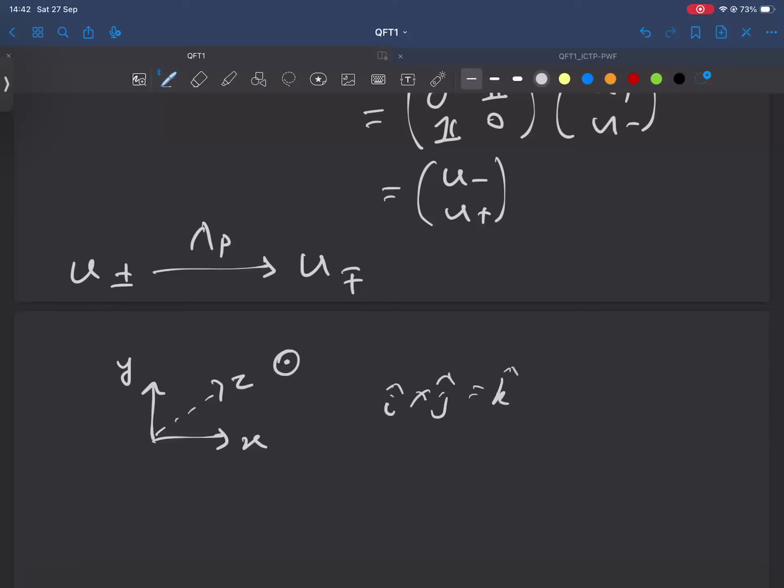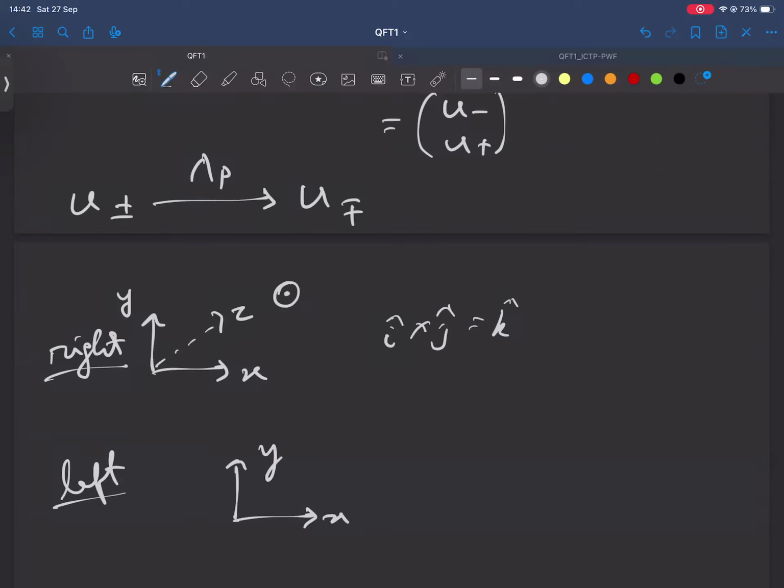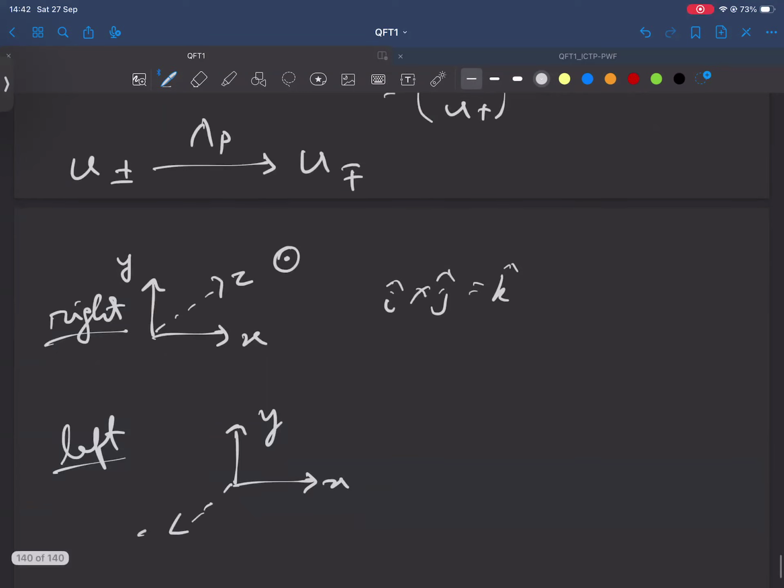Essentially, you take your right hand, you start from the x-axis, you turn towards the y-axis, and the thumb points in that direction. But one could also have taken a left-handed coordinate system, so this is right. You could also have taken a left-handed one, which is x here, y here, but the z goes down. So it points into my iPad now.